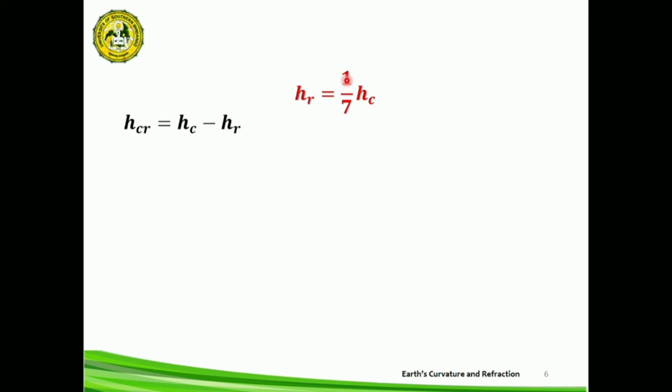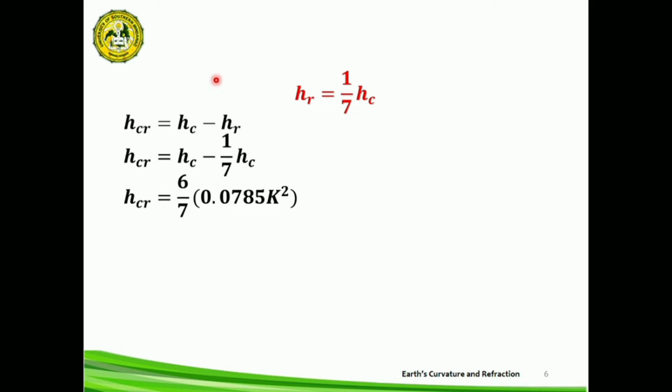So we have here the HCR equals to HC minus HR. HCR equals to HC minus 1/7 HC. Ito po, we simply substitute the value of HR. So HCR equals to 6 over 7 times 0.0785 K squared.